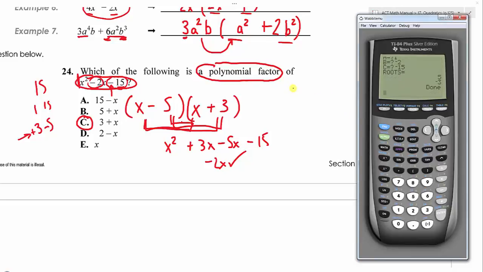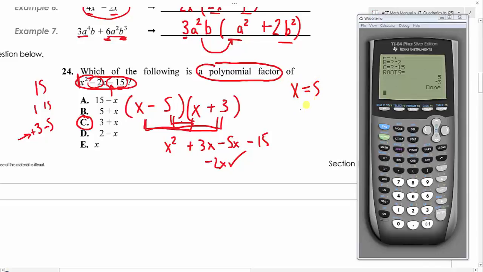So what this tells me is that my roots are x equals 5 and x equals -3. And remember, just like we did on a previous example, we can get from those roots, those zeros, to the factors. If 5 is a zero, that means x minus 5 must be a factor.